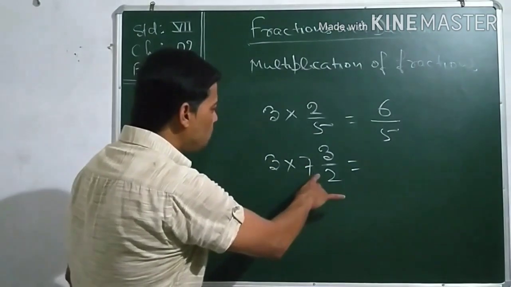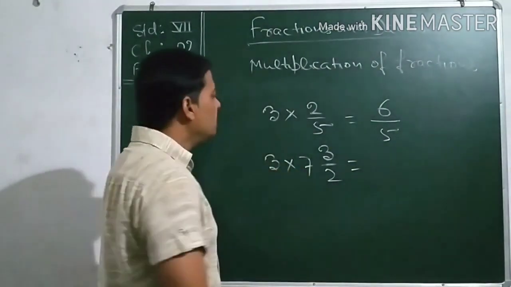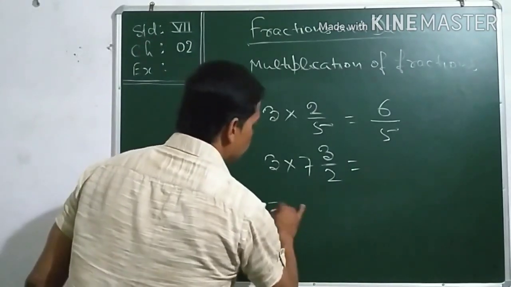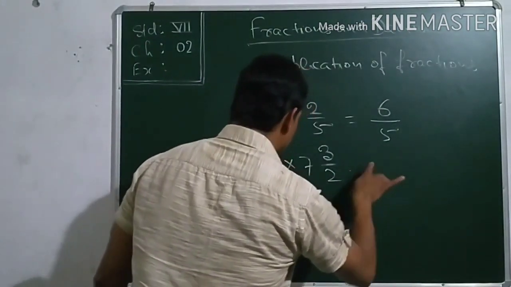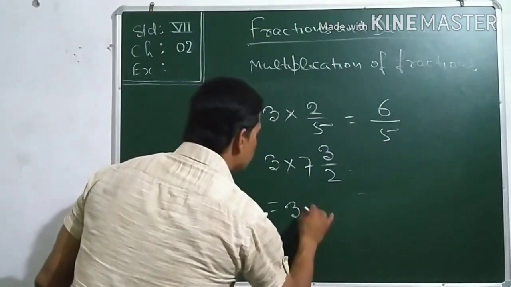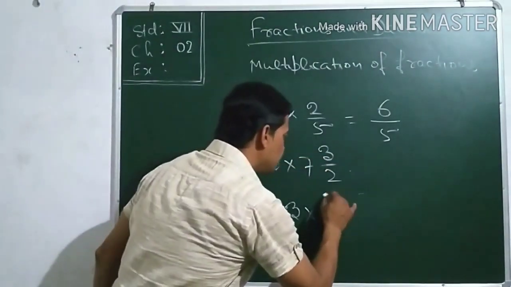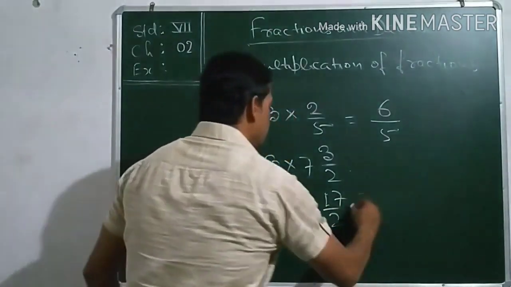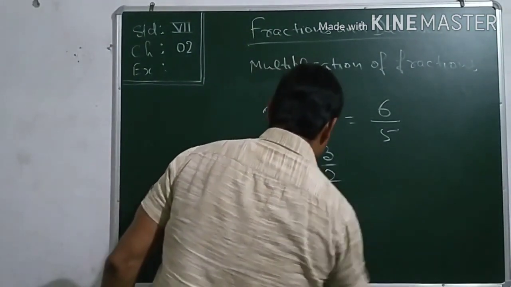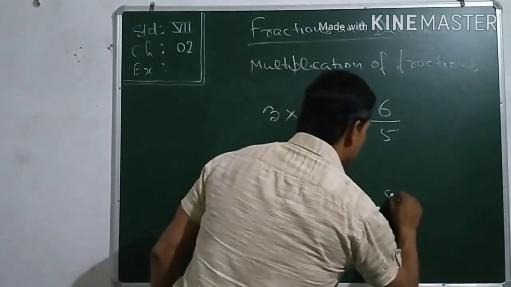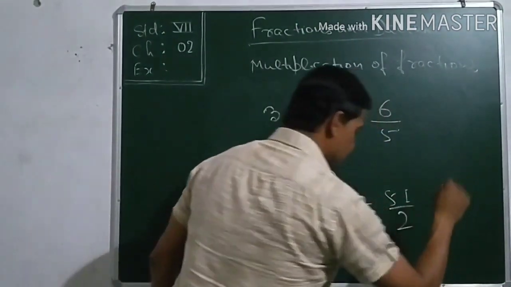But as we are getting a mixed fraction here, we will change it first to an improper fraction. That is 7 into 2, 14 plus 3, 17 by 2, and the resultant number is 17 threes are 51 by 2.